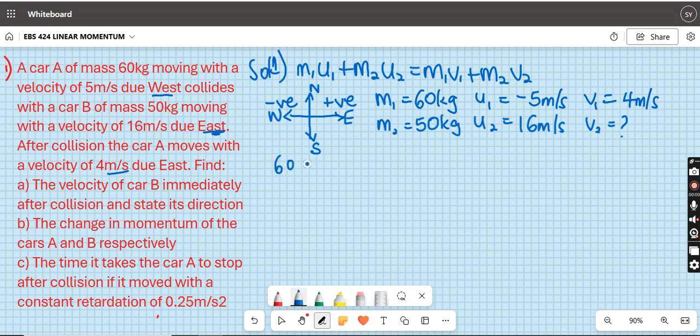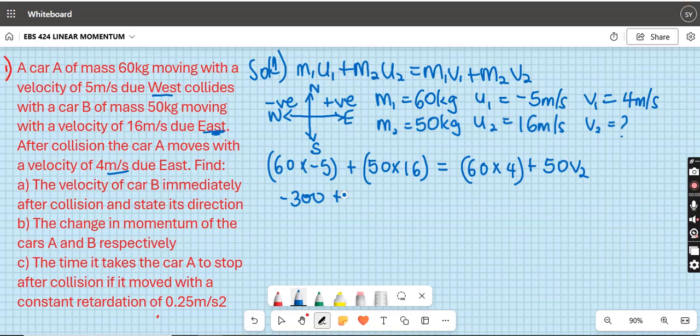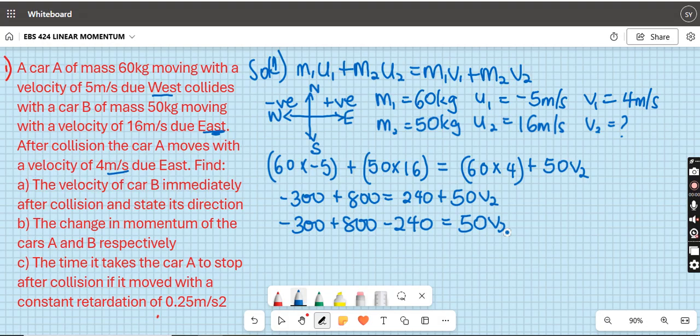We're going to have 60 times negative 5 plus 50 times 16 should be equal to 60 times 4 plus 50 v2. 240 is equal to 50 v2.